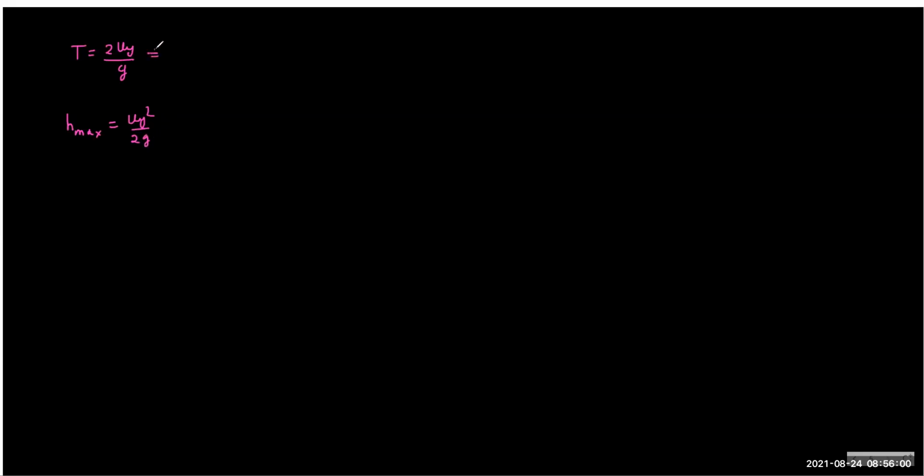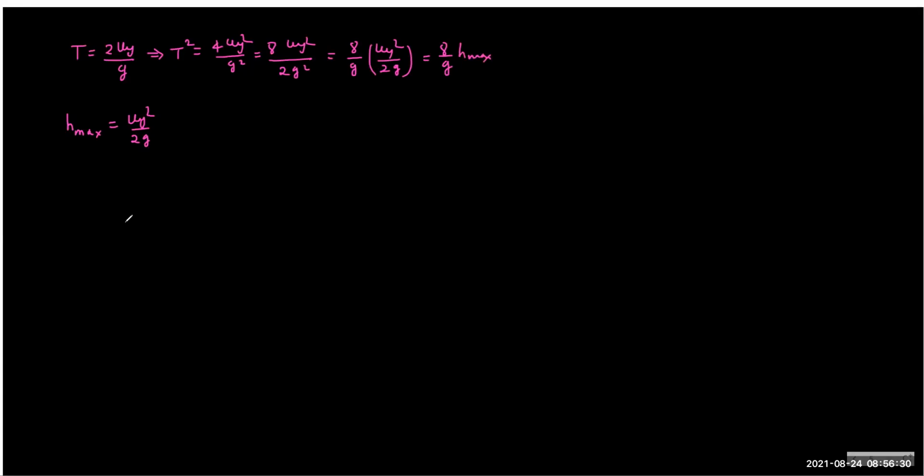So if I square the time, I'll get 4u square by g square, or 8 by g times u square by 2g, and therefore it becomes 8 by g times h max.